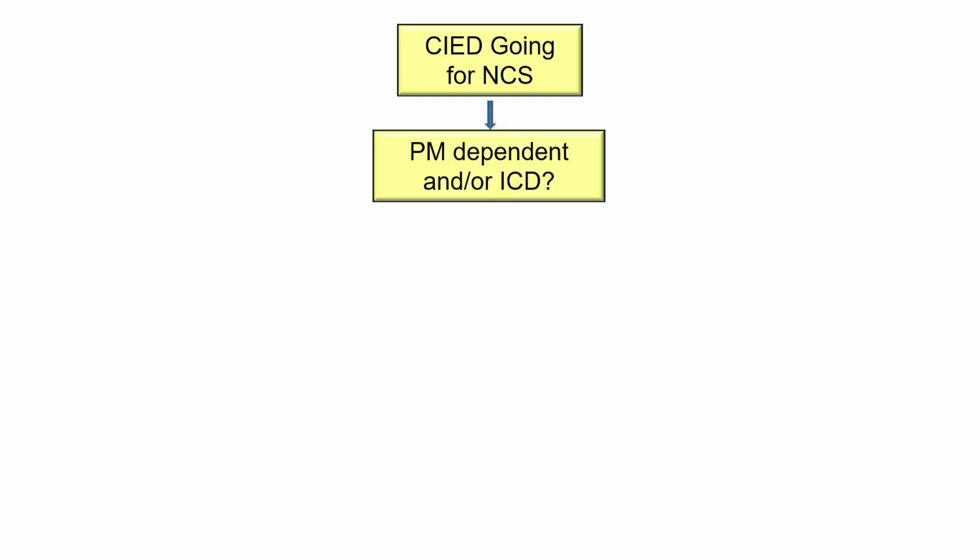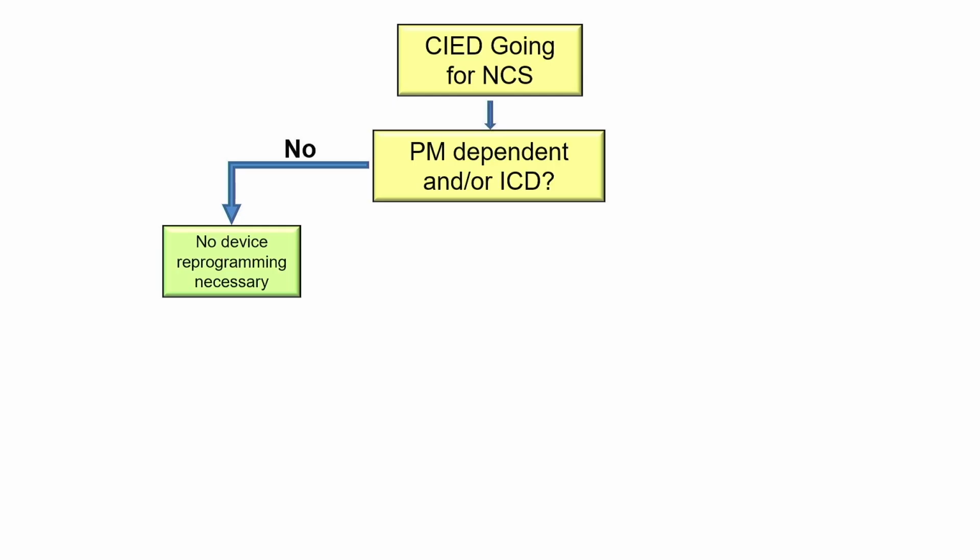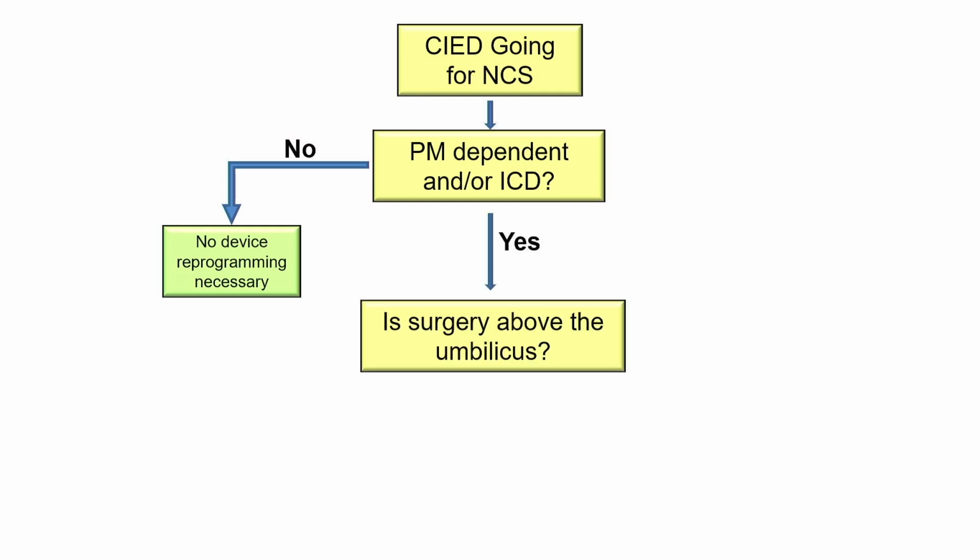So there's a device, you're going for non-cardiac surgery. I think the question to ask: are they pacemaker dependent and/or do they have a defibrillator? If the answer is no, they're not pacemaker dependent, they don't have a defibrillator, they do not need to have their device reprogrammed, no matter where the surgery is, shoulder, stomach, knee, etc. If they are pacemaker dependent or if they have a defibrillator, then the question to ask is: is the surgery above or below the umbilicus?